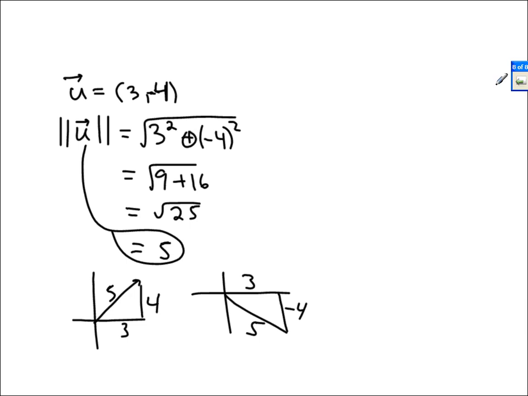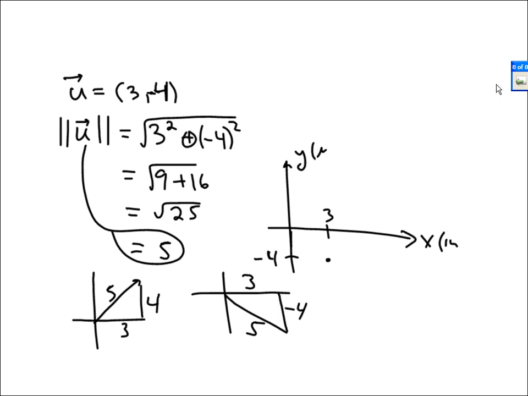Now, think about it. What exactly does it mean, 3, negative 4? Well, maybe x is in inches. Maybe y is in inches. Let me put negative 4 a little bit lower. So this is 3 inches here, 4 inches here, and this is going to be 5 inches.